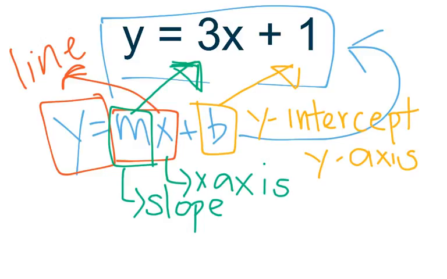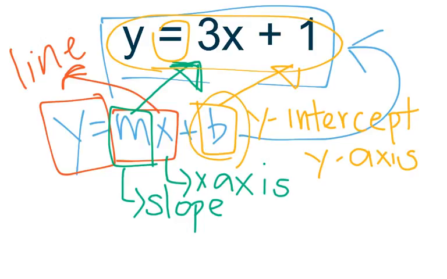So we're going to go ahead and get started by taking this equation. We know it's an equation because it has an equal sign. We're going to take this equation and we're going to graph it, always starting with our b here. So let's go ahead and flip to our next page. And our equation was y equals 3x plus 1. Again, I'll state that we're going to start with the y-intercept, which will always be our constant at the end.